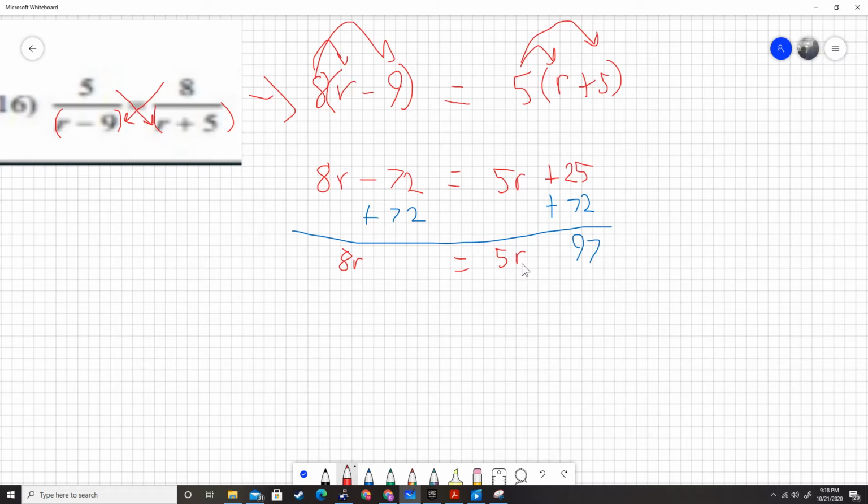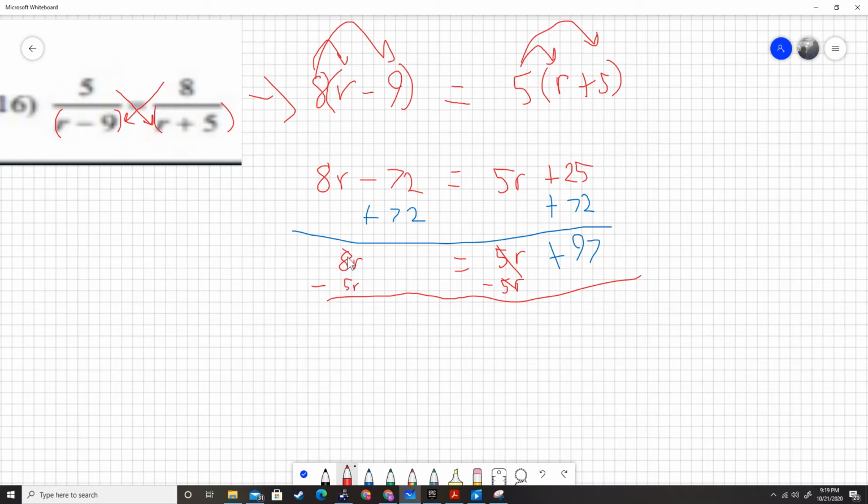Now I want to move this 5r to the other side because we've already gotten all our constants over here. The opposite of having this positive 5r is having a negative 5r. So I need to subtract 5r on the other side in order to do the subtraction that we've got here. 5r minus 5r gives me nothing, so that's going to be crossed out.